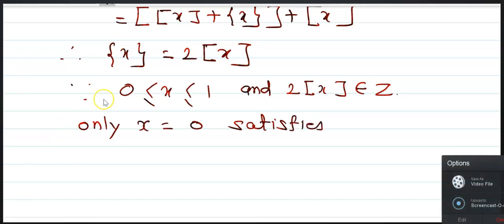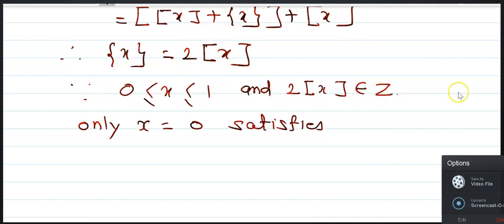Now this is very important. The fractional part lies between 0 and 1, equal to 0, equal to 1. But on the right-hand side we have 2 times the integral part of x, which belongs to the set of integers.